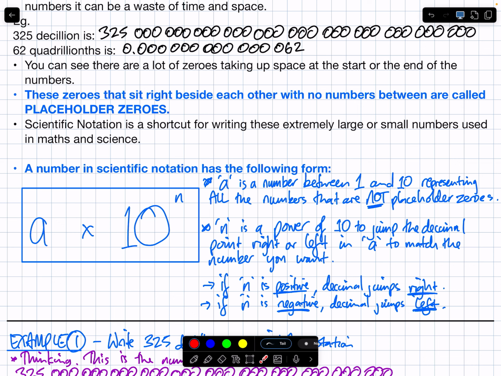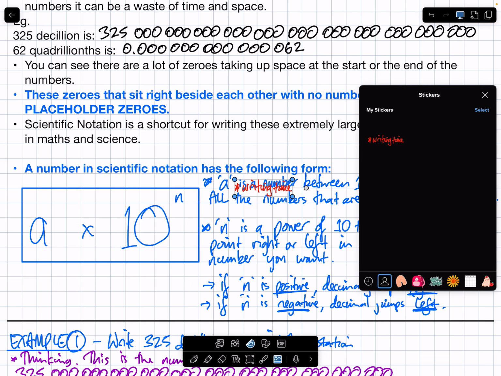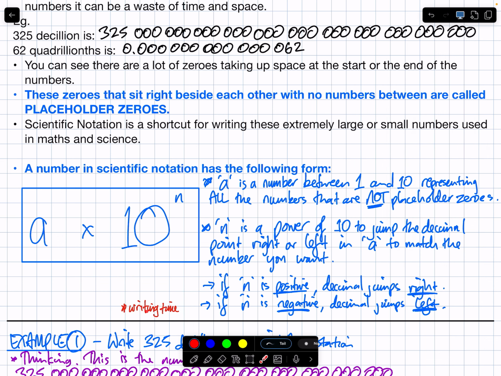What is n? N is a power of 10, so it's small, goes up to the top right. N is a power of 10 that jumps the decimal point, right or left, in A to match the number that you want. Right now, that statement doesn't make sense until you see the example. So then I'll give you some time to add this. If n is positive, the decimal jumps to the right. If n is negative, decimal jumps to the left. So I'm going to put a little sticker here to give you some writing time.